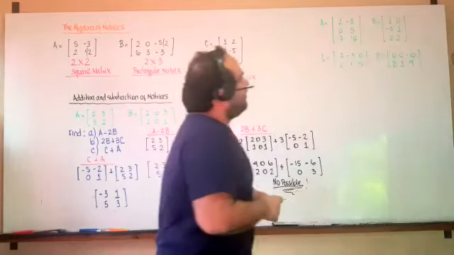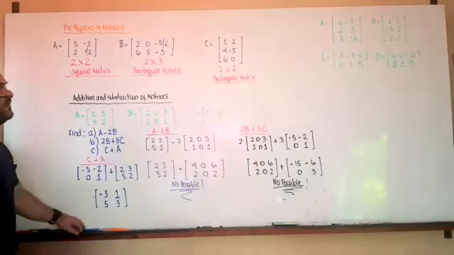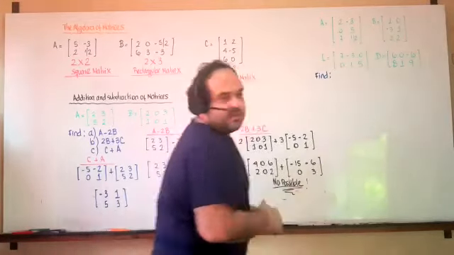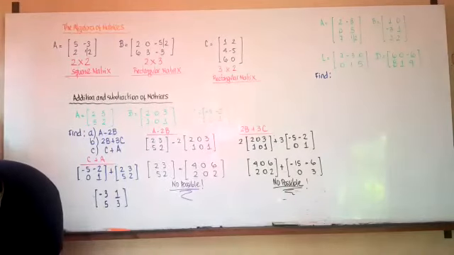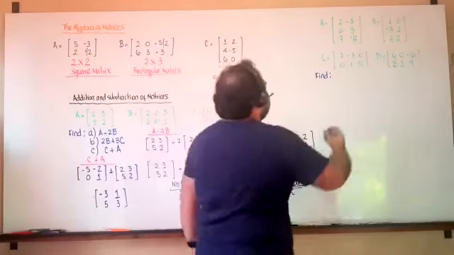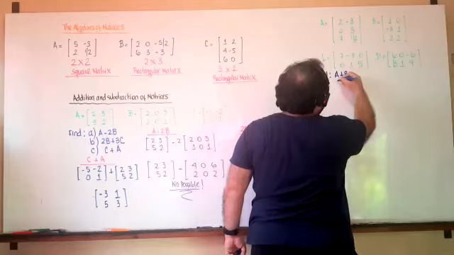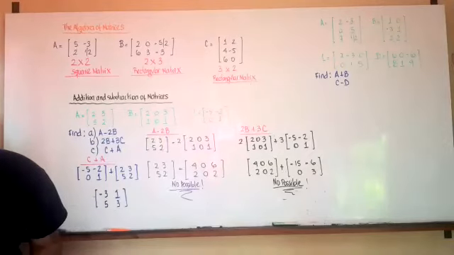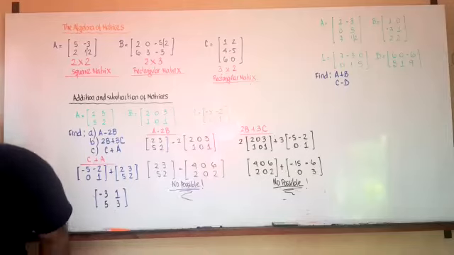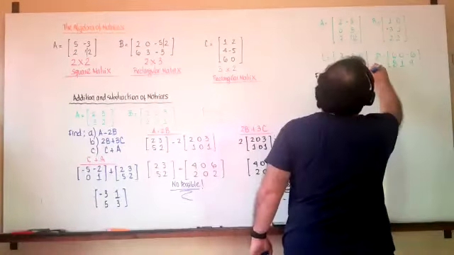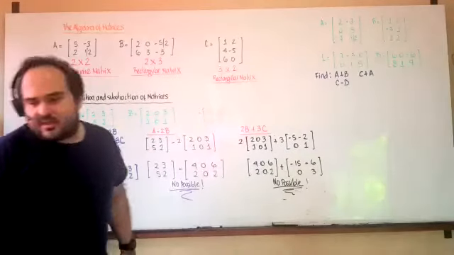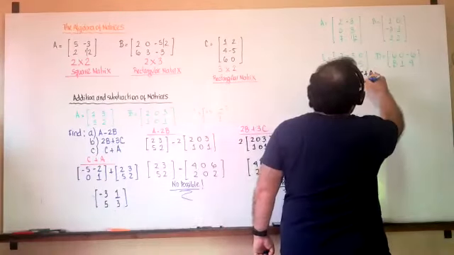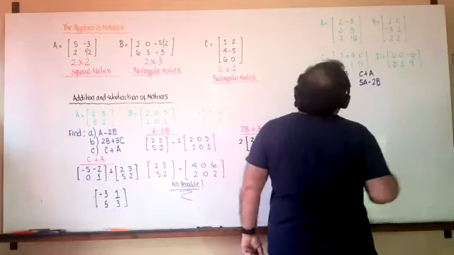Okay, we got 4 matrices. And this time we have to find A plus B, C minus D, C plus A, and also 5A minus 2B.